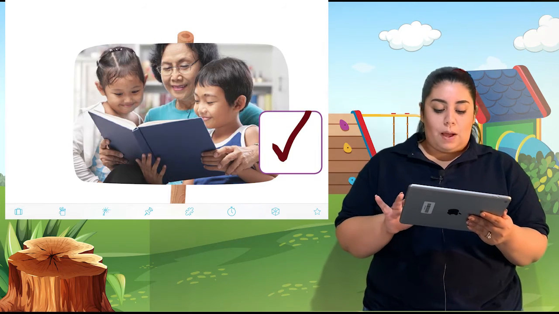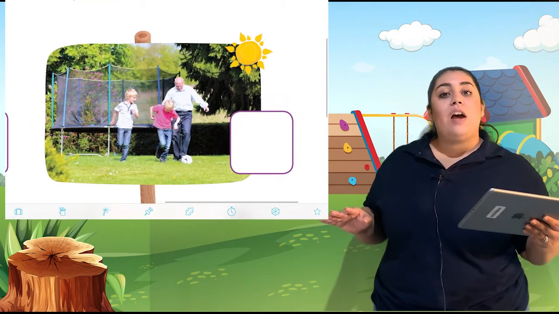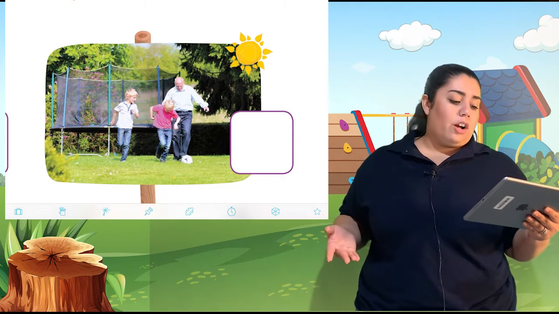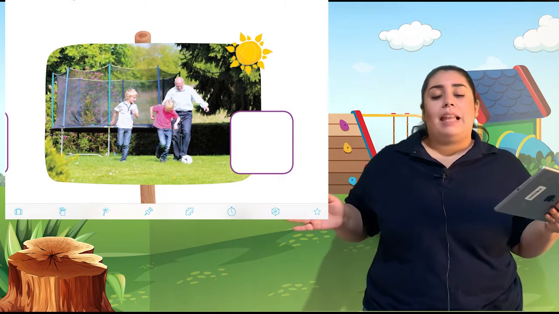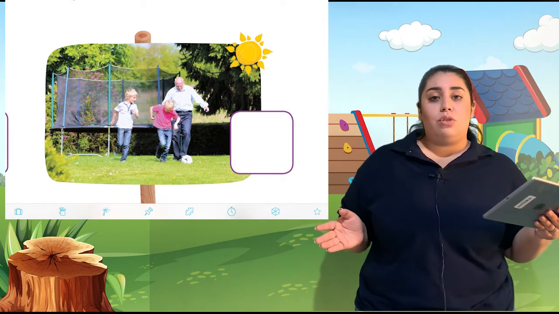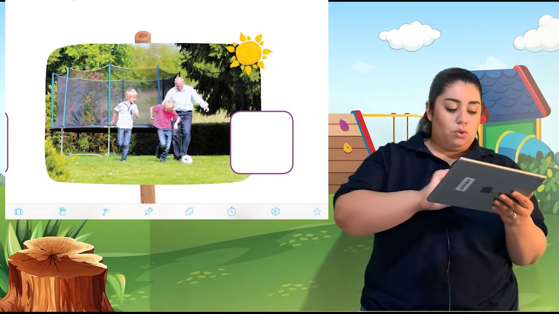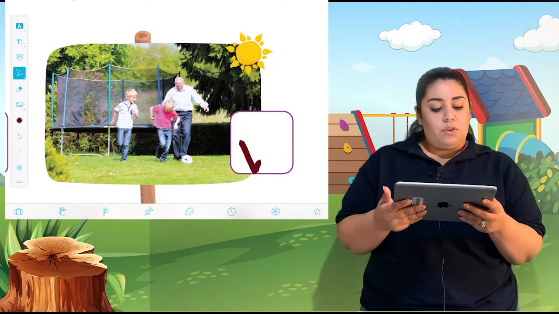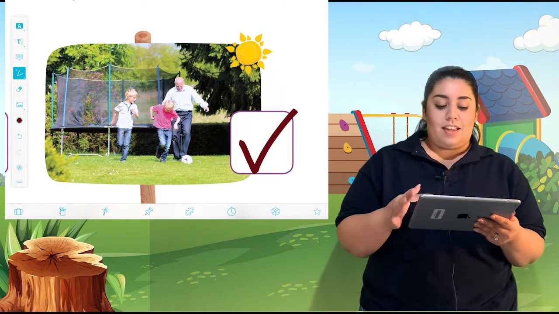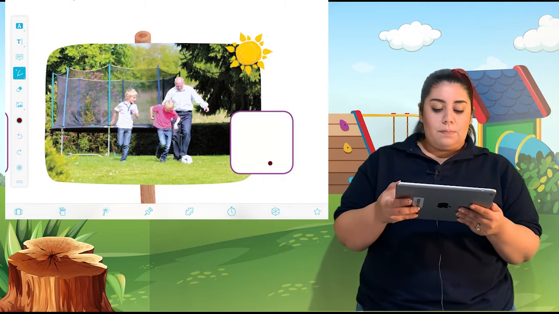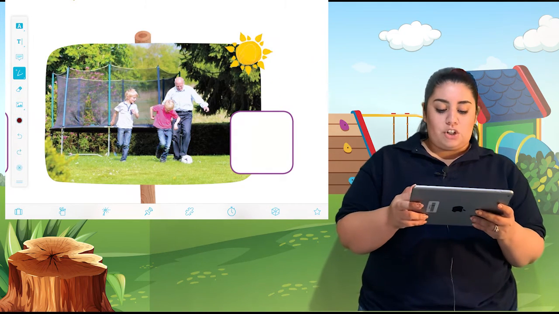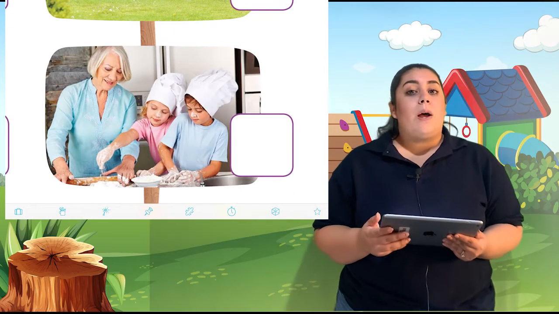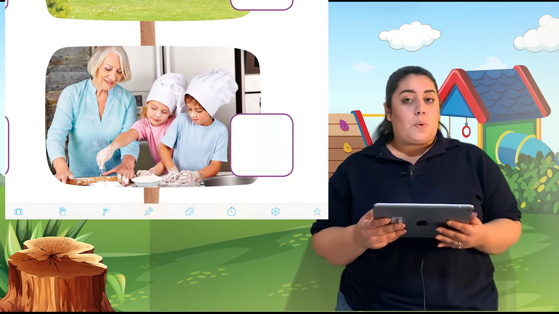The activity number 2 is to play outside with grandpa. Not necessarily soccer, but any other play or any other game you like to do with grandpa. If you do it, you are going to put a check mark. If not, don't put anything. The picture number 4 says, if you cook or do something in the kitchen with your grandma.